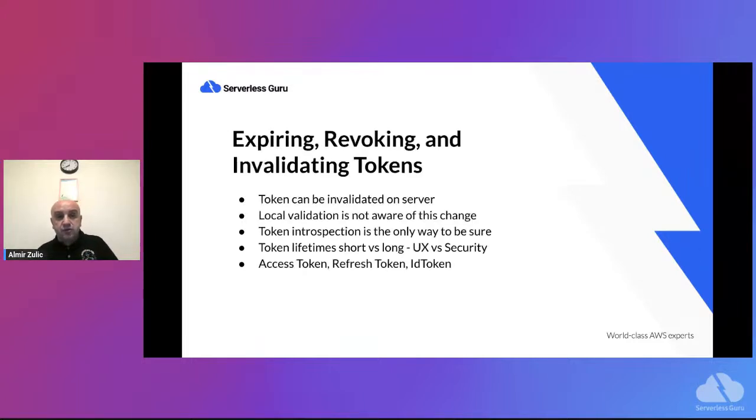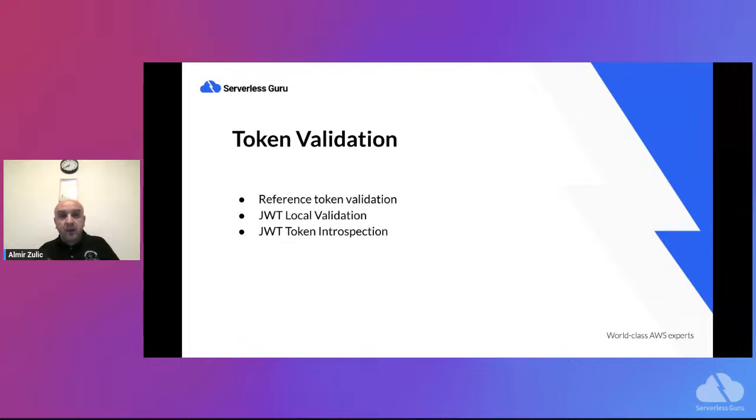But just so you know, there is a way to overcome this, which is token introspection, which is similar to how reference tokens are validated, where you actually go to the authorization server and ask, okay, is this token valid?